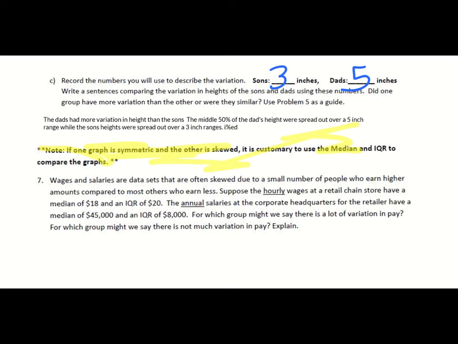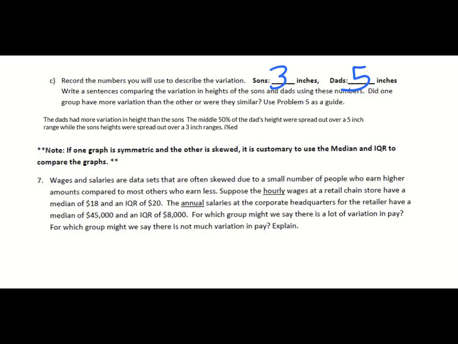If we give you two things to compare and one of them is symmetric and one of them is skewed, you need to use your median and IQR for your graphs.